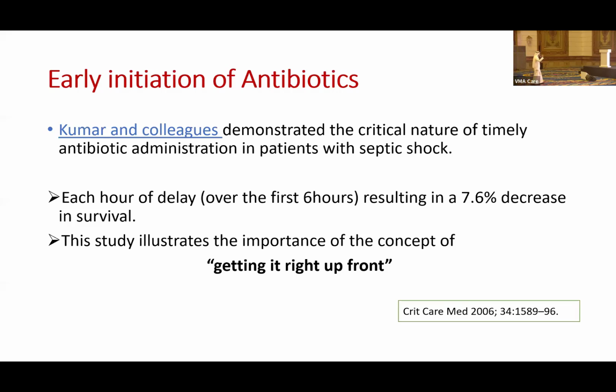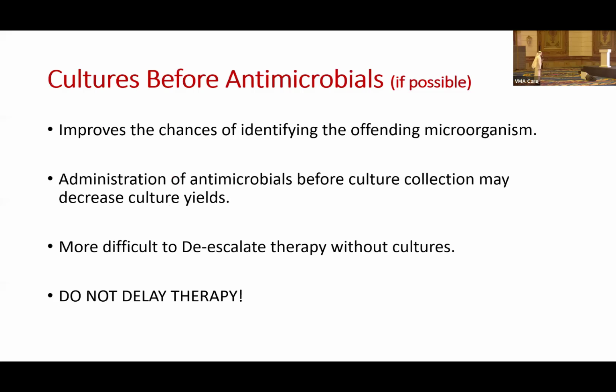They mentioned that each hour of delay over the first 6 hours results in a 7.6% decrease in survival. This study illustrates the importance of the concept of getting it right upfront about the empiric therapy. So culture before antibiotic, meaning you want to shock any ID physician: don't do a culture.